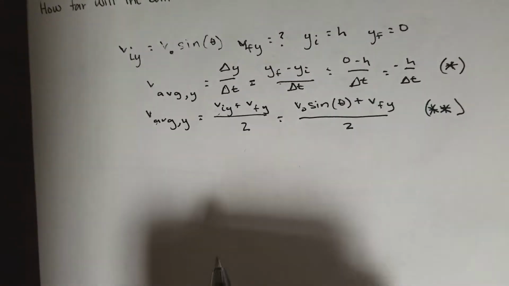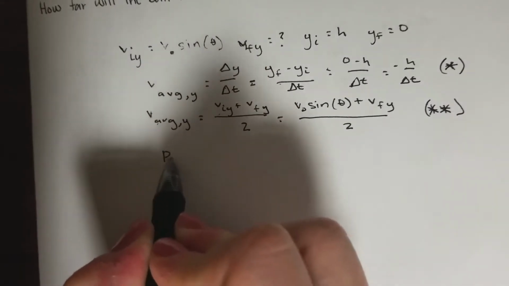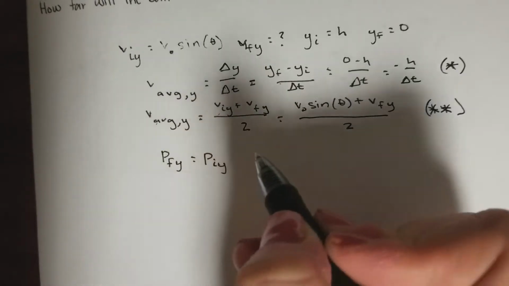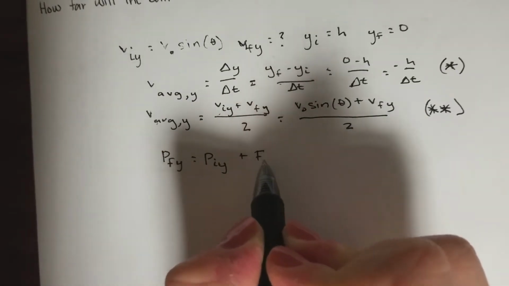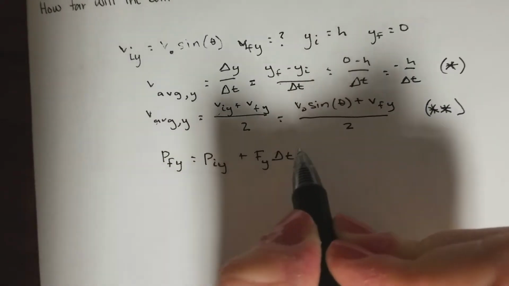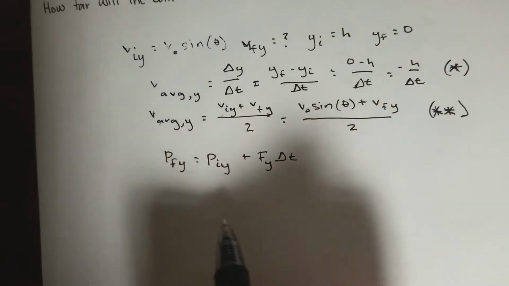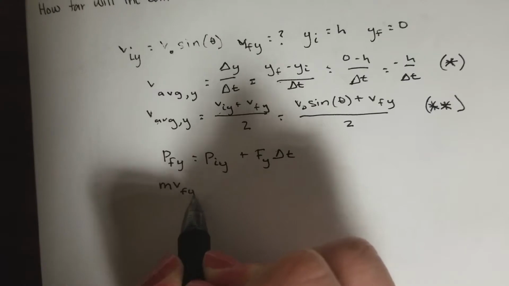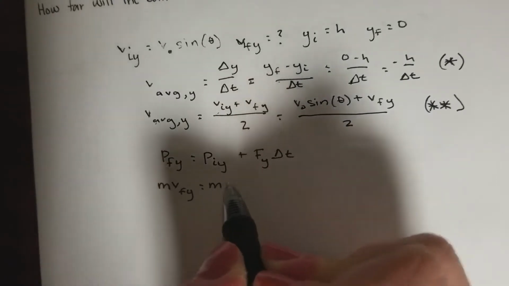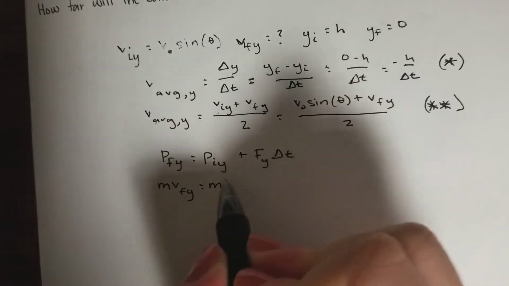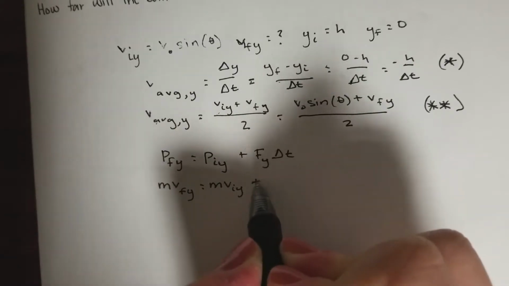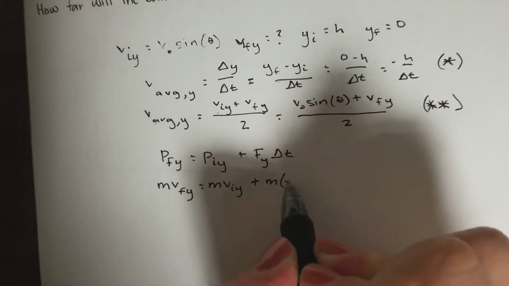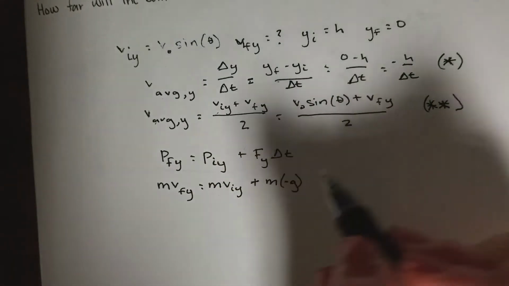Then we have the momentum formula, which is final momentum in the y direction is equal to the initial momentum in the y direction plus the force in the y direction times delta t. We know that momentum is mass times the velocity, so mass times final velocity in the y is equal to mass times the initial velocity in the y plus force in the y, which is equal to mass times negative g, times delta t.